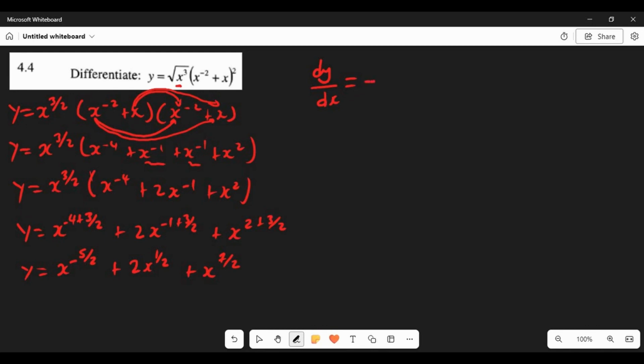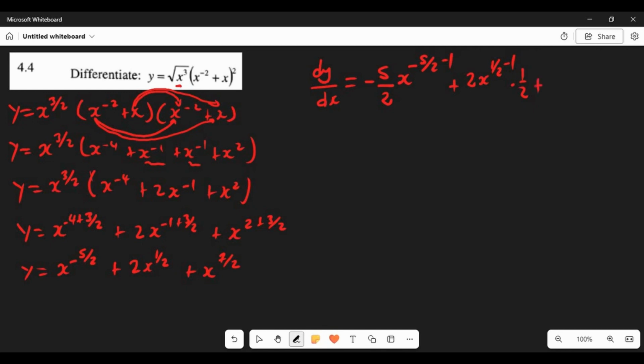Right, so let's continue. So we know that this is going to be multiplied by the exponent, divided by 2, and then we're going to have x to the power of negative 5 over 2 minus 1. That's the first term. The second term, we're going to have 2, and then we say x to the power of half minus 1. But let us not forget that our exponent is half.